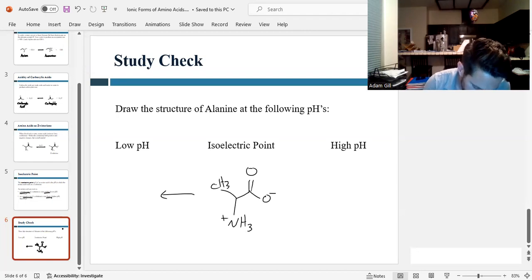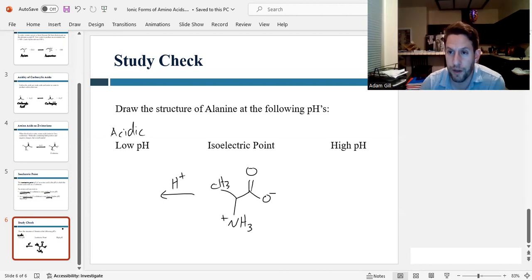A low pH is acidic. And so acidic solutions have H plus, hydrogen, floating around in solution. That's what an acidic solution is. And so this molecule is going to want to absorb an extra hydrogen. Which functional group can absorb hydrogen? Well, the ammonium already has 4 bonds. It can't take any more. This oxygen can.